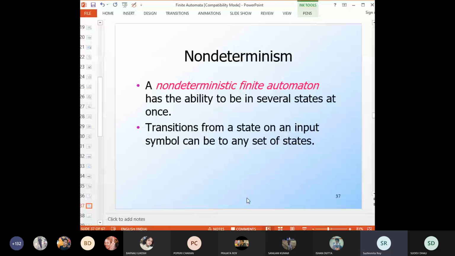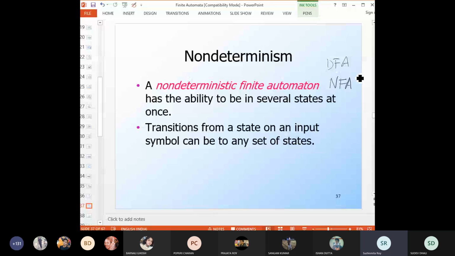A non-deterministic finite automata is actually called NFA for short. From now on, if you encounter these acronyms NFA and DFA, you should understand what they mean. DFA means deterministic finite automata, NFA means non-deterministic finite automata, and we'll be using this very much.